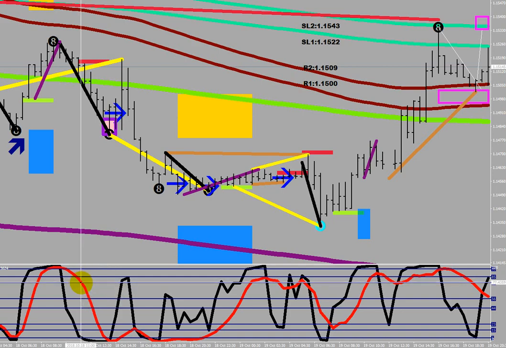Basically, when the stochastic steps out of overbought, in this case that would be 80, it doesn't line up with these lines here, but basically I'm looking for the first print below 80, and then I'm taking the high of that particular bar and utilizing it as an entry. So that's another entry signal that was left on to show you basically an area of a kiss goodbye, and that's when the market basically collapsed.